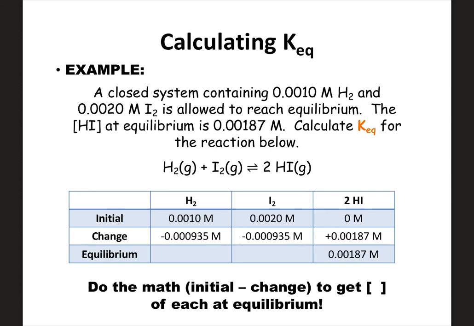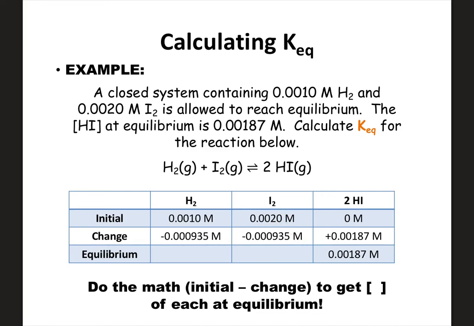Now to determine the concentration for each of these at equilibrium, you just need to do the math. You have an initial value for each. They're losing this much, so you do the subtracting to get the equilibrium value. Same thing here. This is how much I2 you started with.